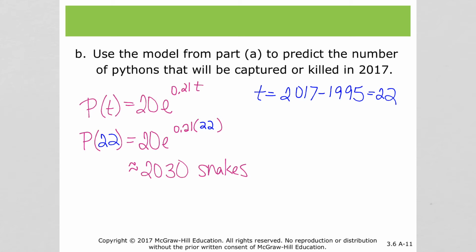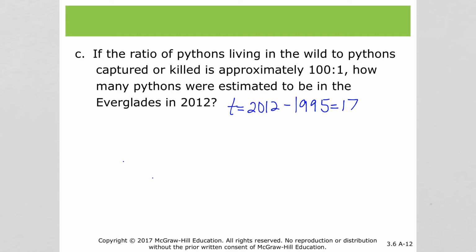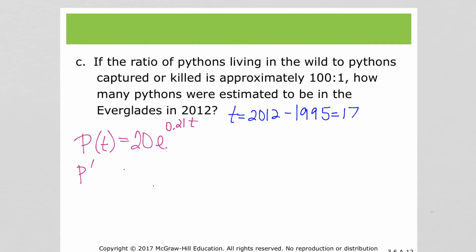So I'm going to go back and grab that equation again. So this time we're putting in 17 for T. And we get approximately 710.